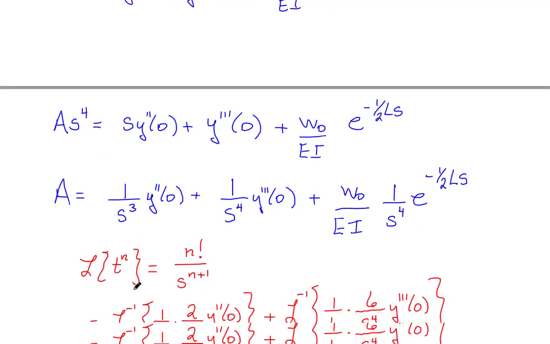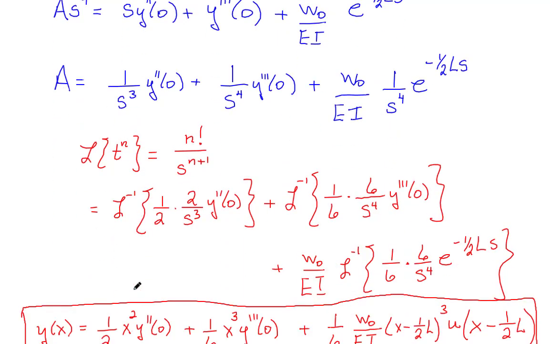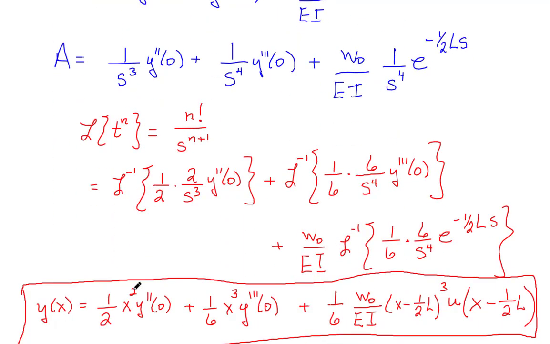Alright, so let's see. We're going to need some basic facts. The Laplace transform of t to a power n is n factorial over s to the n plus 1. So this 1 over s cubed, I needed 2 on the top, so put a 1/2 in the front.